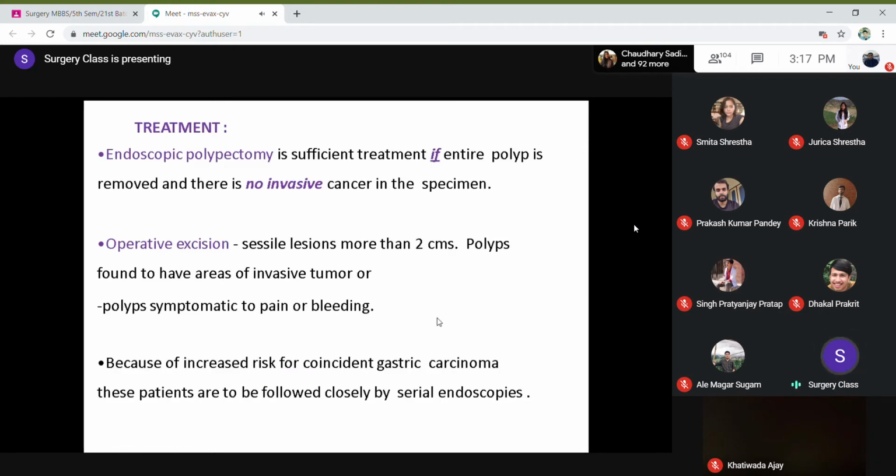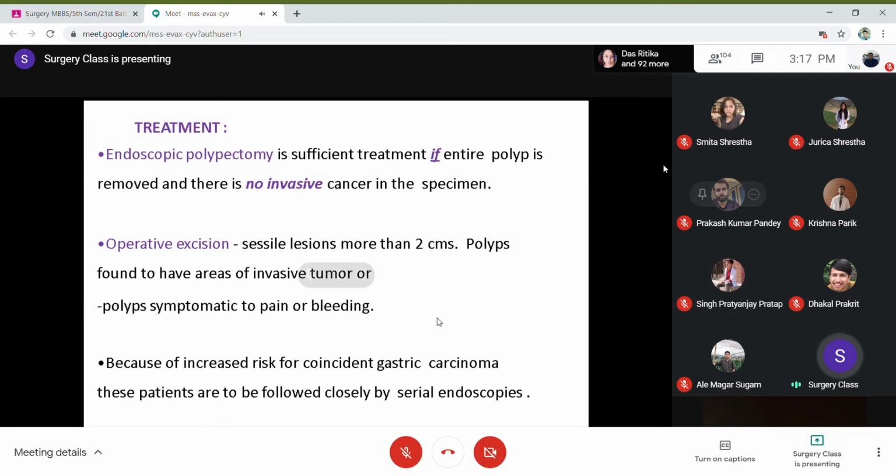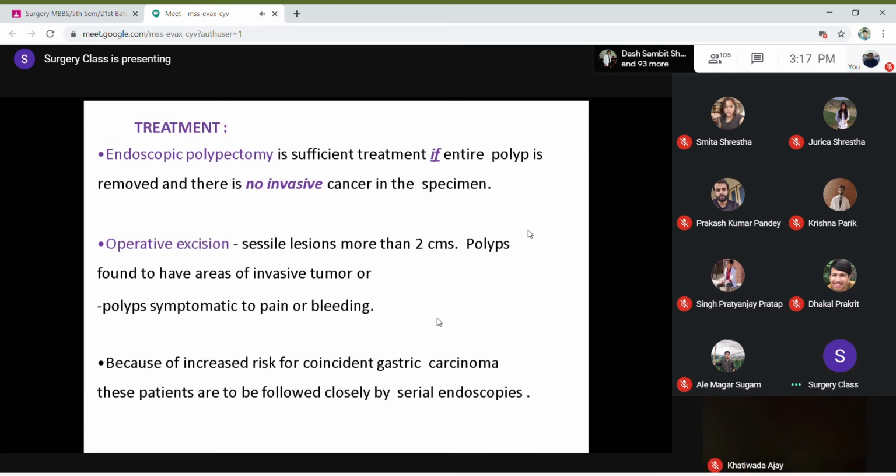Treatment is endoscopic polypectomy, which is the definitive treatment after you do an upper GI endoscopy and take a biopsy, and we know that it's a benign polyp. If it is more than 2 centimeters and sessile, you may have to do a surgical excision. Then you follow up the patient with serial endoscopies.